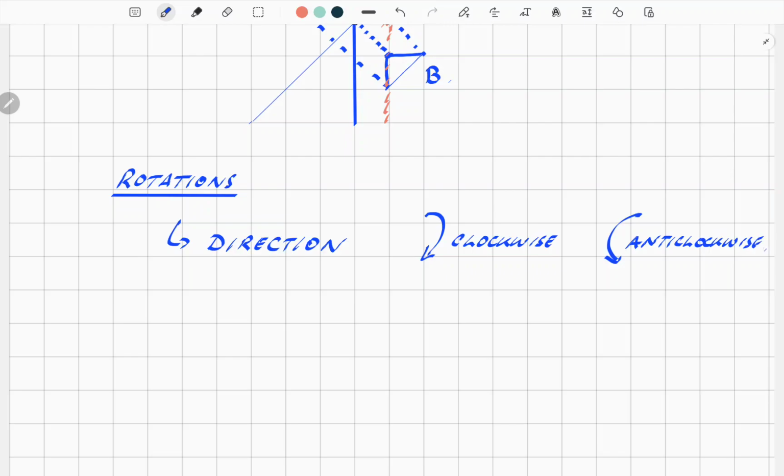Next thing you need is how far. And that usually will be how many degrees. So they'll give that to you in degrees.